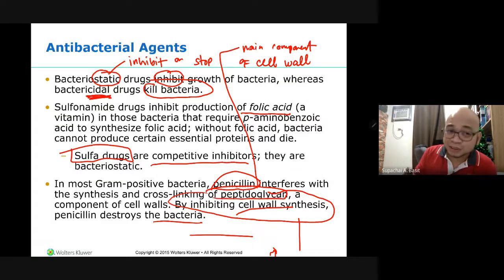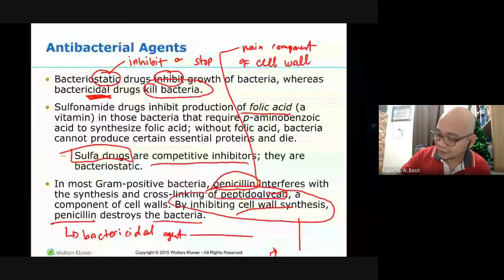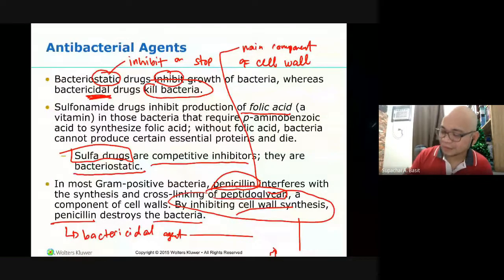So what's the action of penicillin? Penicillin therefore is an example of a bactericidal agent. Sulfa drugs are an example of a bacteriostatic agent.